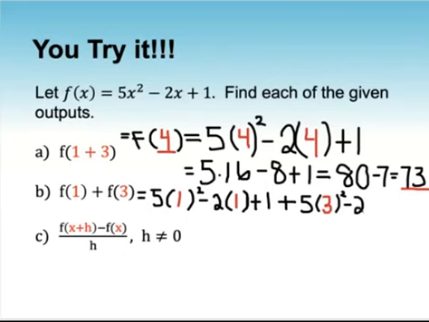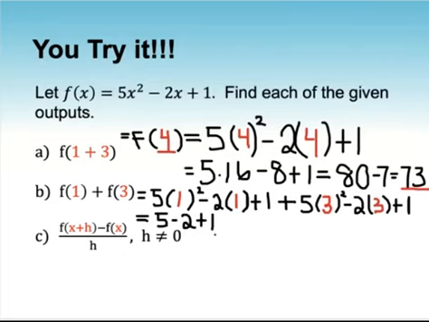Minus 2 times 3, plus 1. That equals 5 times 1 squared, so 1 squared is just 1, times 5 is 5, minus 2 times 1 is 2, plus 1, plus 5 times 3 squared.